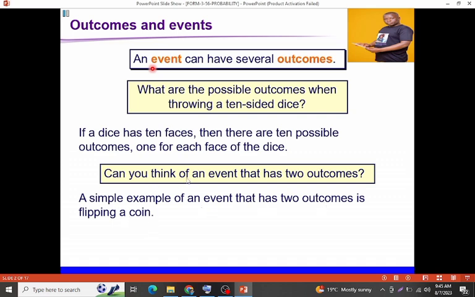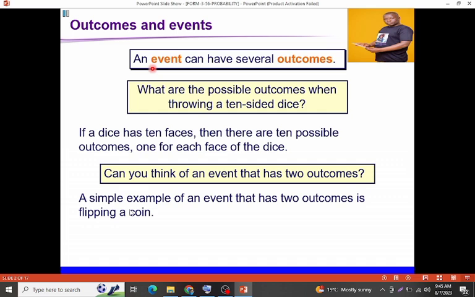You can think of other events that have 2 outcomes. Can you think of other events which produce 2 outcomes?